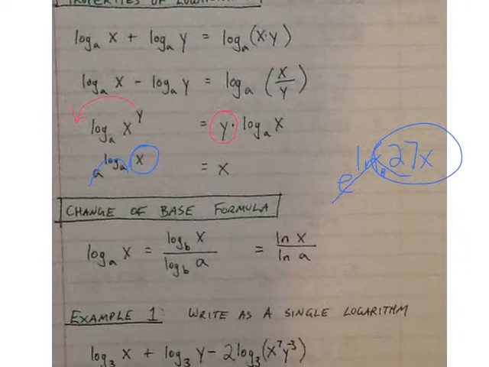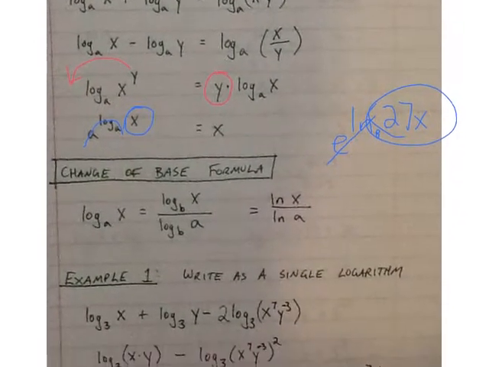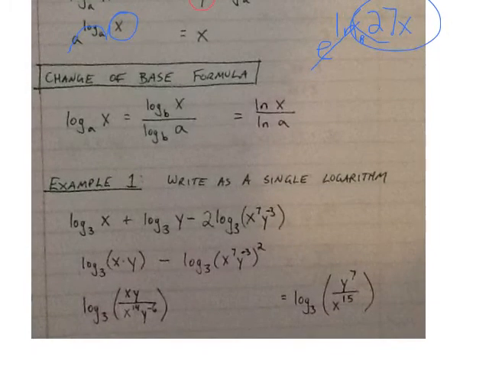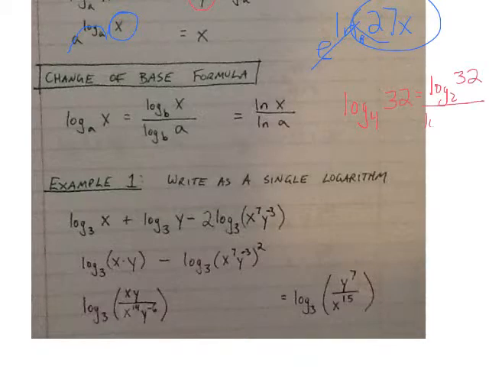The change of base formula allows us to change from one base to another. So if I had an expression like log base 4 of 32, we could rewrite that as maybe log base 2 of 32 divided by log base 2 of 4.